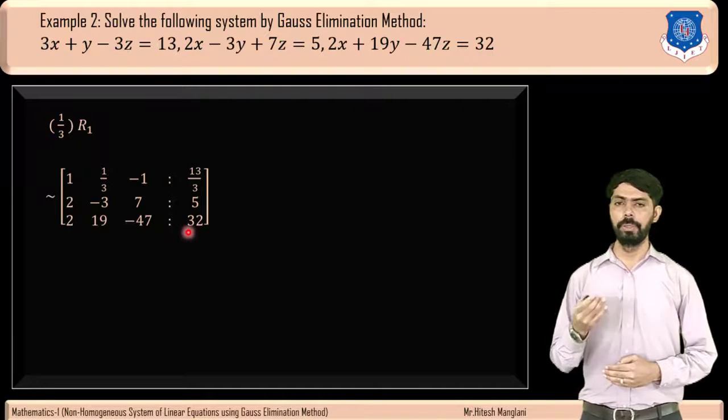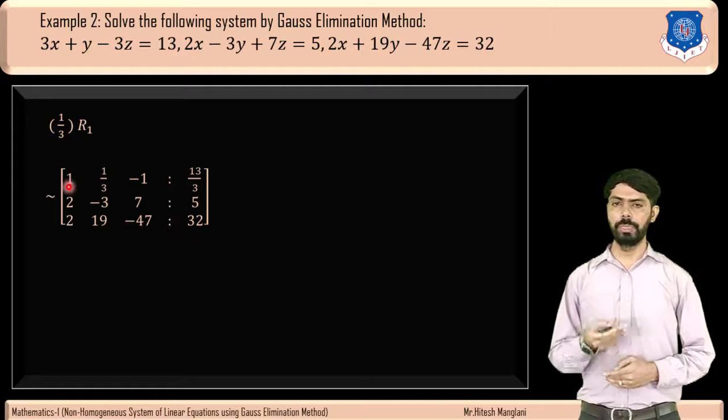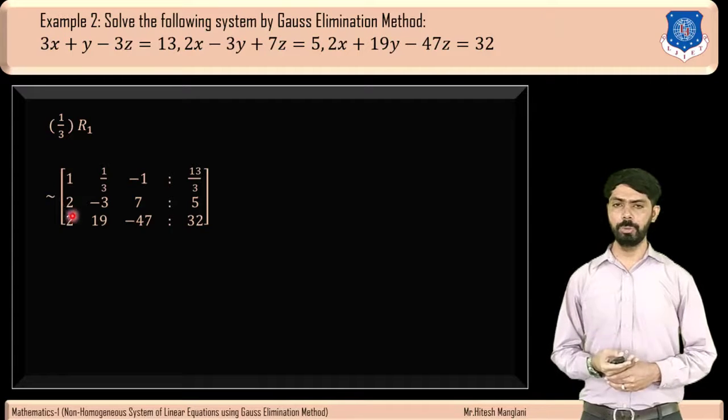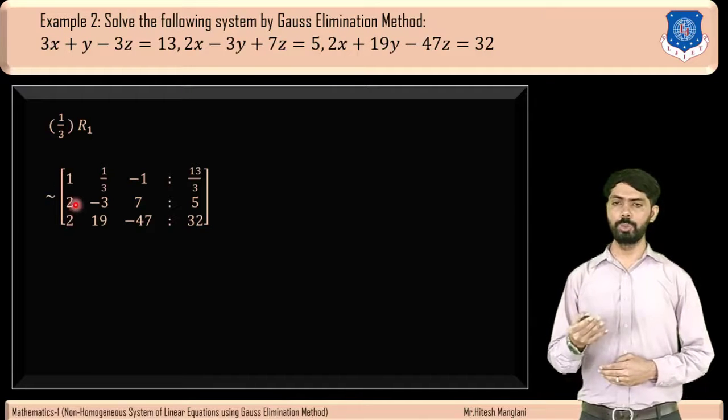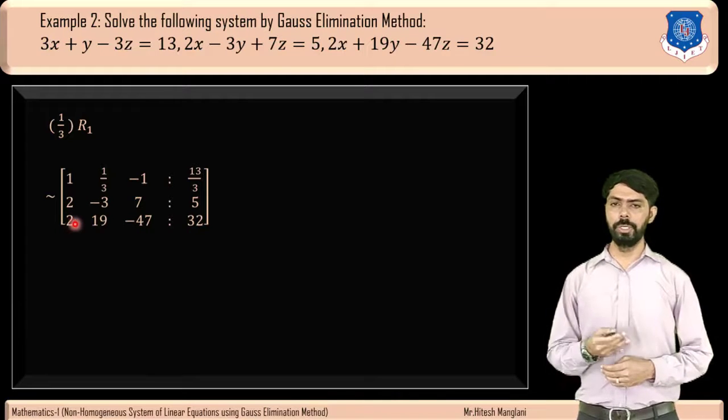Now if you look at the first row, the leading entry is 1. But all entries below the leading one should be 0. Therefore, we will have to convert this 2 into 0, and the 2 which is in the third row into 0.